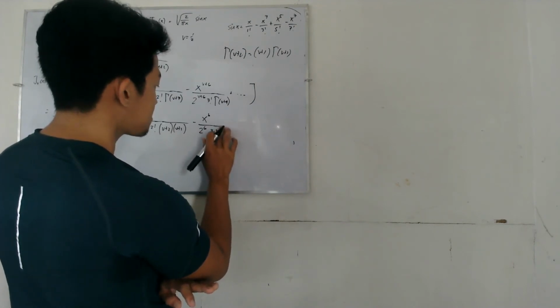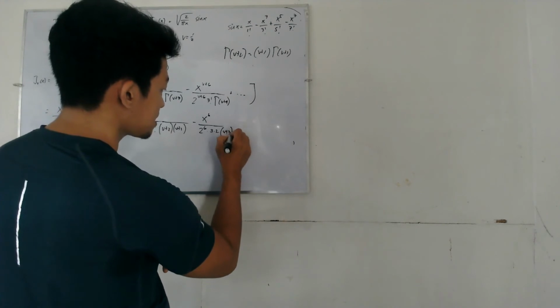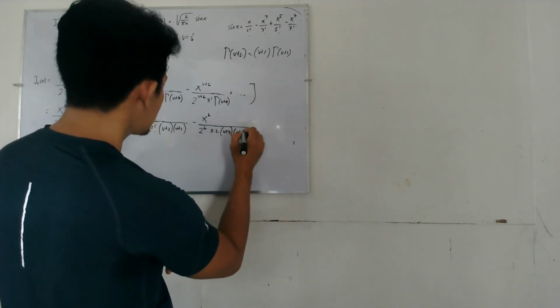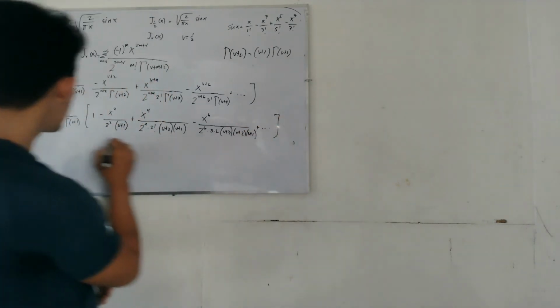Kani, again, same logic ani, mahimo running b plus 3, b plus 2, b plus 1. Okay?